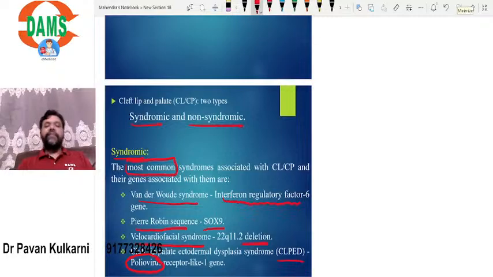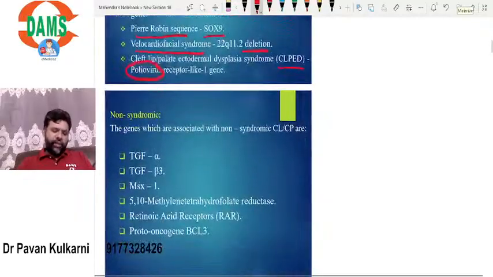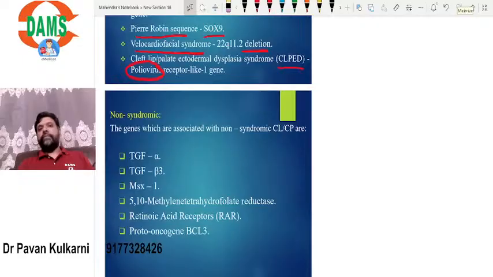So we have seen the syndromes and we have seen the genes. With this, we can come to a conclusion that interferon regulatory factor 6 is associated with Van der Woude syndrome. Now, what are the non-syndromic cleft lip?